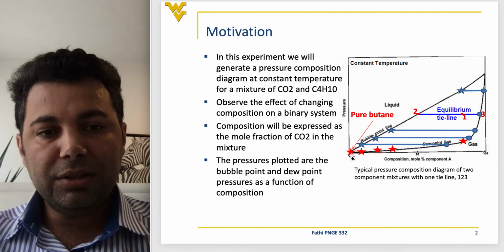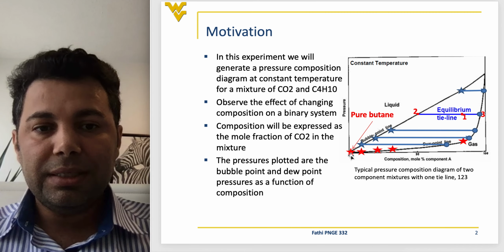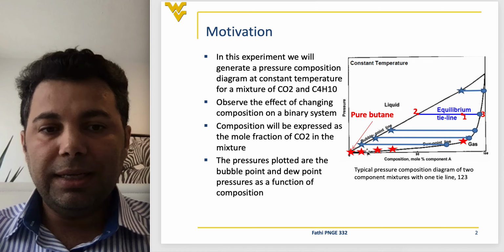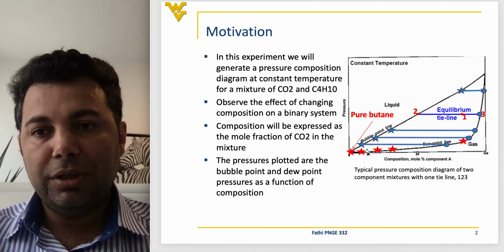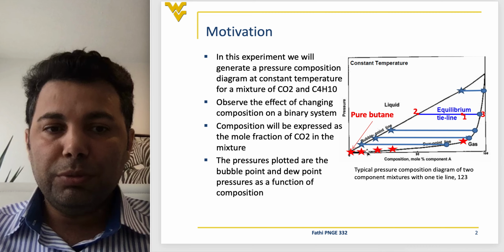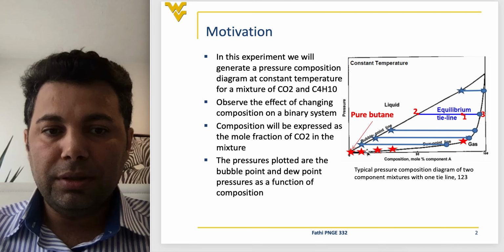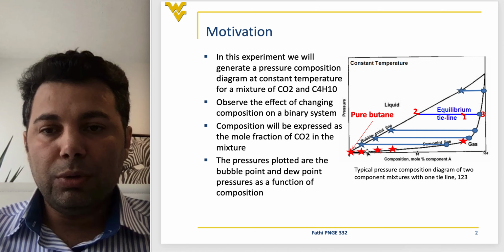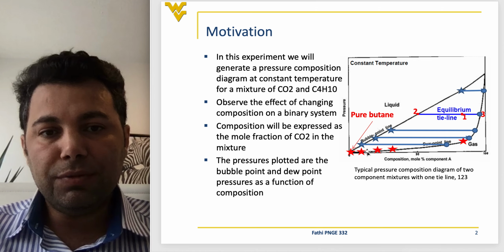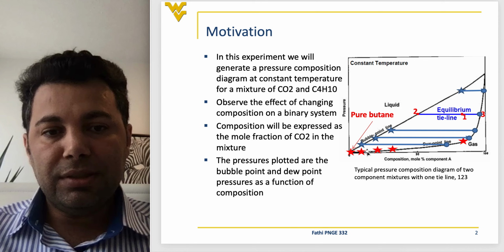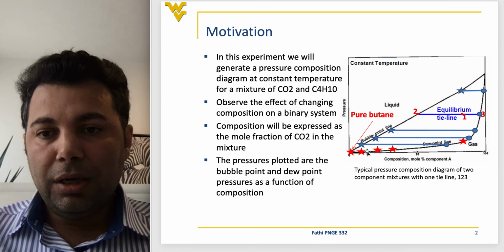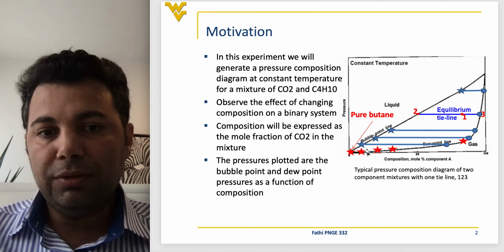To find this curvature, what we are going to do in this lab is use a very, very small amount of liquid and try to find the dew point pressure. The bubble point pressure and the dew point pressure depend on the mixture; they don't depend on the quantity. So 10 cc of the mixture of CO2 and N-butane would have the same bubble point at the same constant temperature as 1 cc of the mixture.